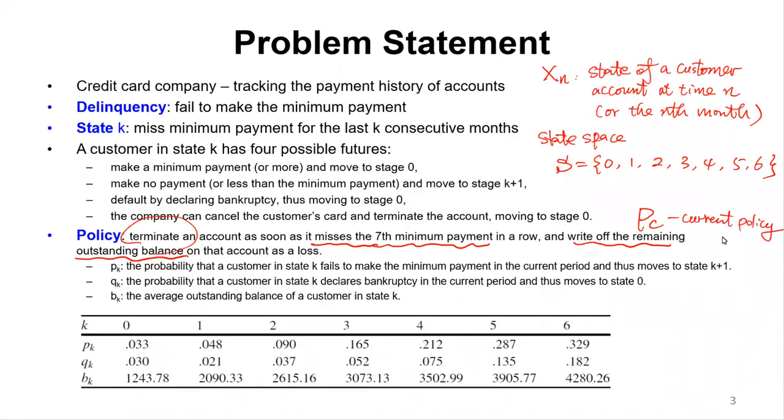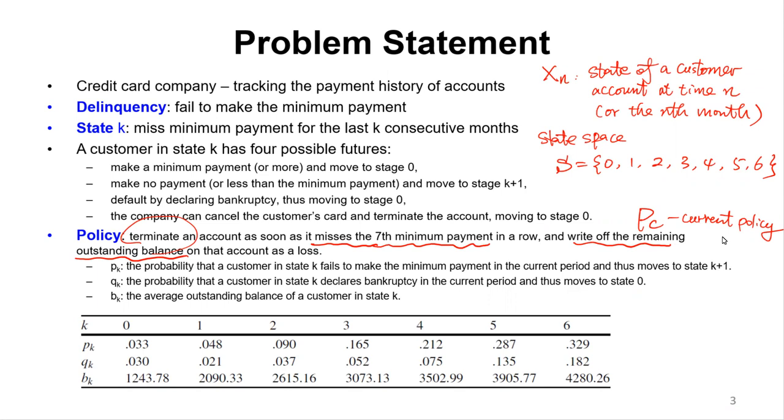So let's first have a look at the problem statement. We all know that credit card companies track the payment history of accounts. If an account holder fails to make the minimum payment, we call this delinquency.